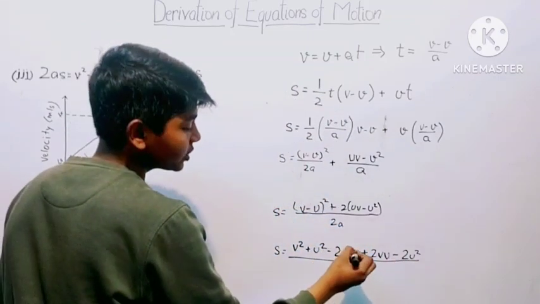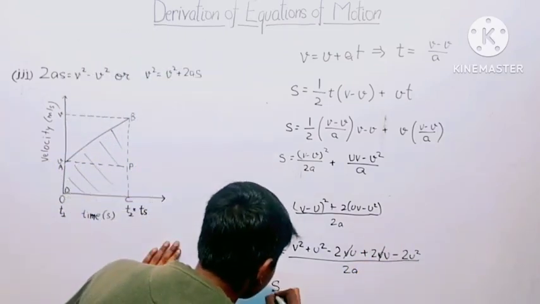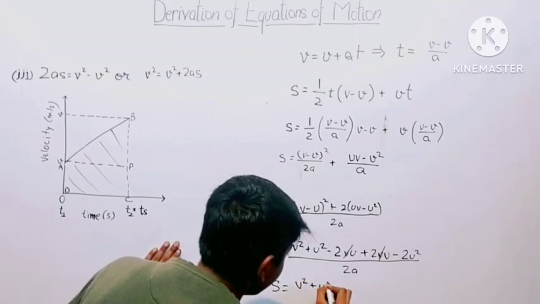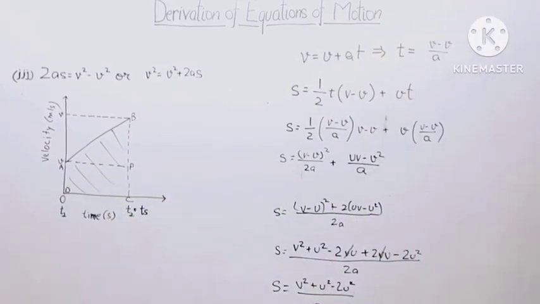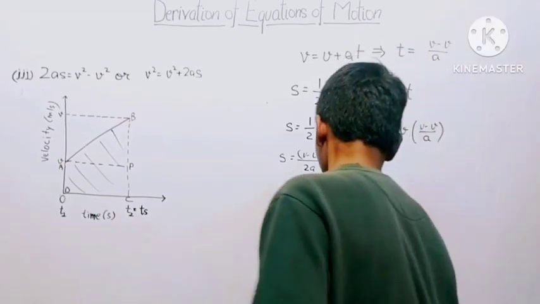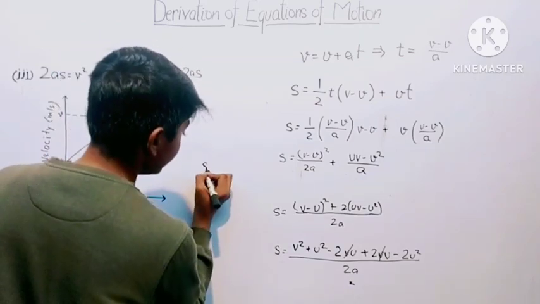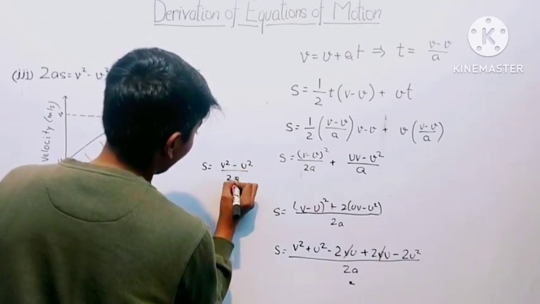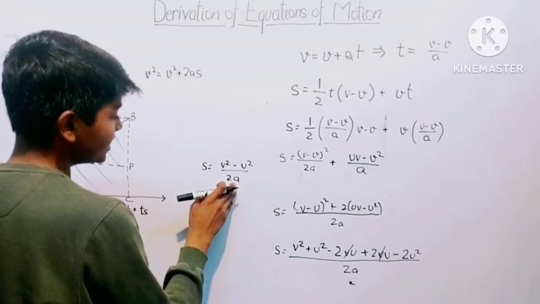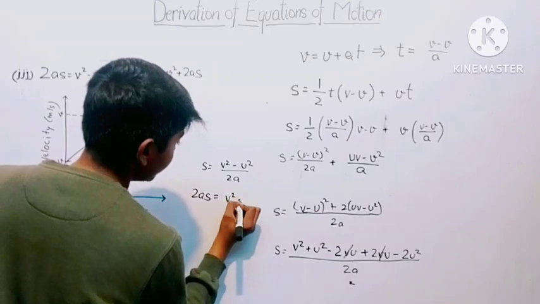So now the minus 2vu and plus 2vu will get cancelled, and we will be left with s is equal to (v square plus u square minus 2u square) upon 2a. So now we will be left with s is equal to (v square minus u square) upon 2a, and after shifting 2a from RHS to LHS, you would get 2as is equal to v square minus u square.